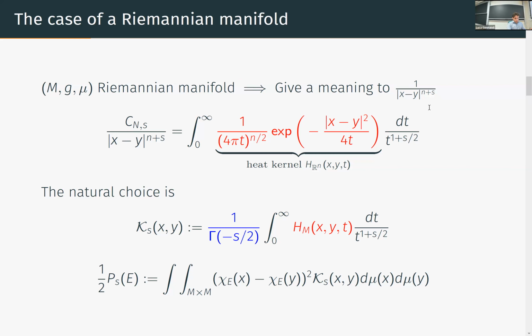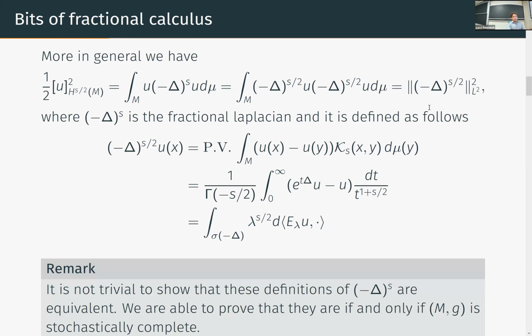These objects actually require the study of an important operator, which is the fractional Laplacian. As you can see, the fractional perimeter of a set can be interpreted as the H^s seminorm of a function, where the function, of course, is the characteristic function of the set. There are several definitions for the fractional Laplacian.